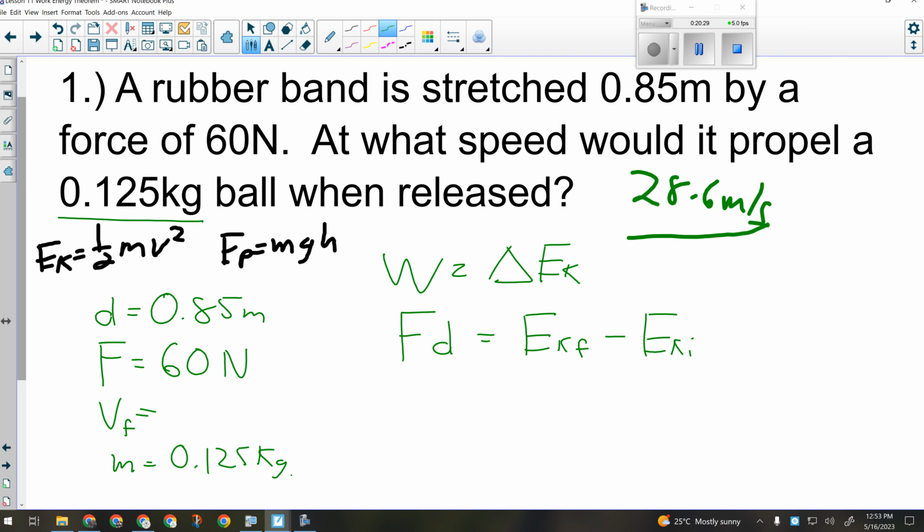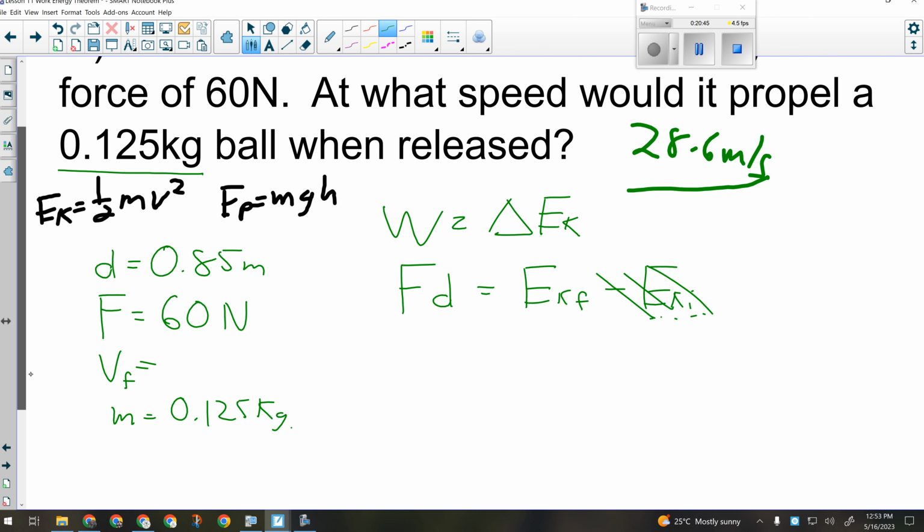So what's its initial kinetic energy if it's not moving? Right. So I know right now this number, given the context of the question, is 0 and thus unimportant. So now I'm down to this. Force times distance equals my final kinetic energy. The speed that the ball will leave the rubber band at is dependent on that.